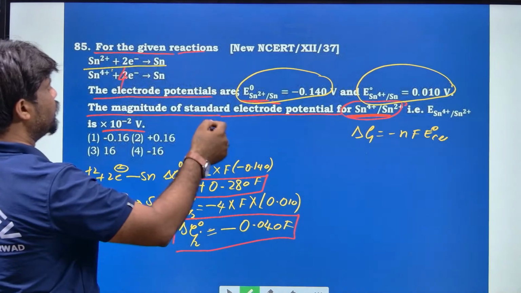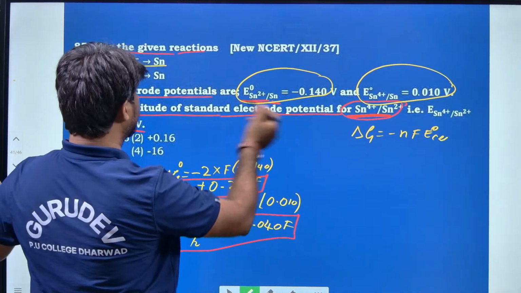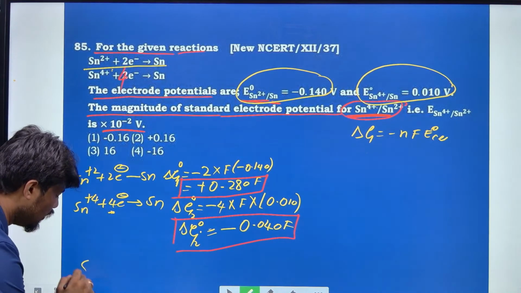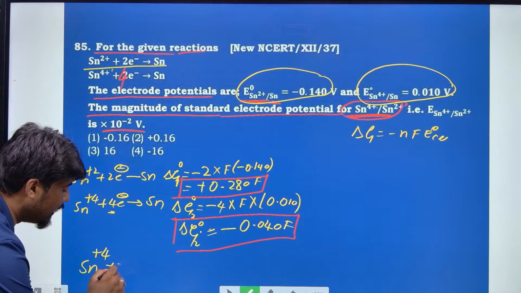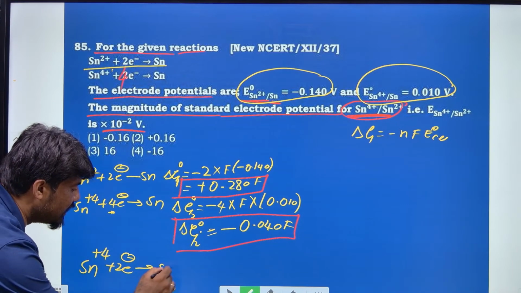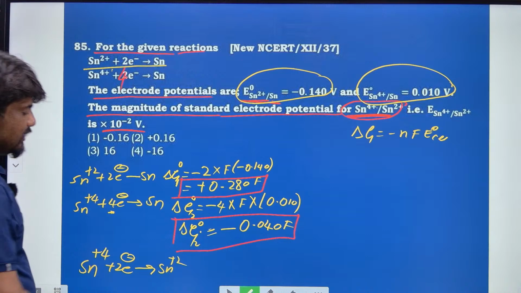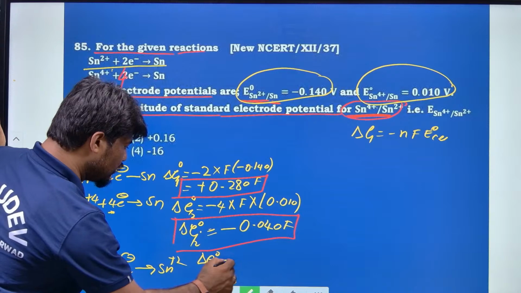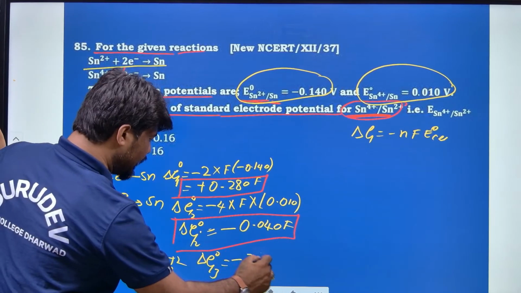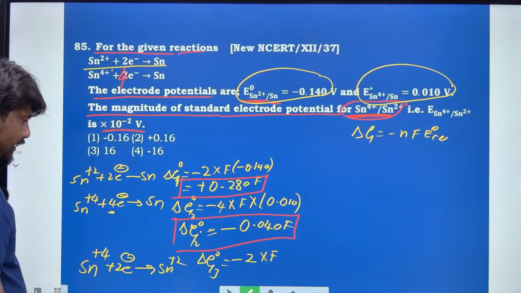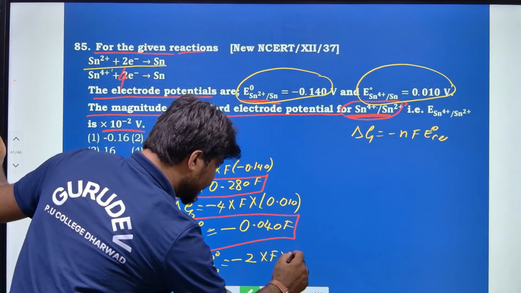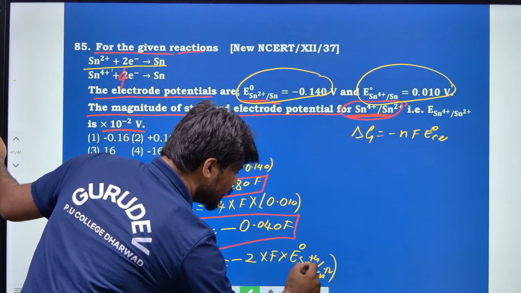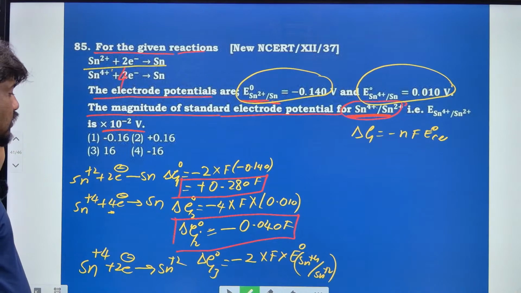For which component did they ask here? They asked to calculate the standard electrode potential for Sn4+ to Sn2+. So Sn4+, by gaining 2 electrons, becomes Sn2+. We need to calculate delta G3 for this one. Delta G3 is equal to minus, 2 electrons are there, into F as it is, and we also need to calculate the E naught cell for Sn4+ to Sn2+.